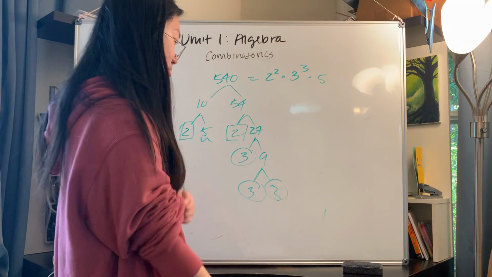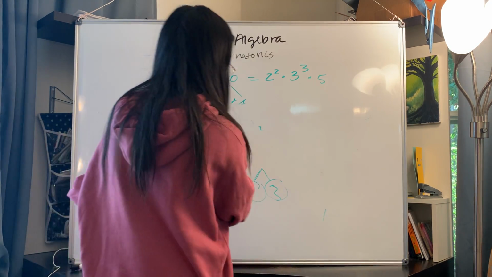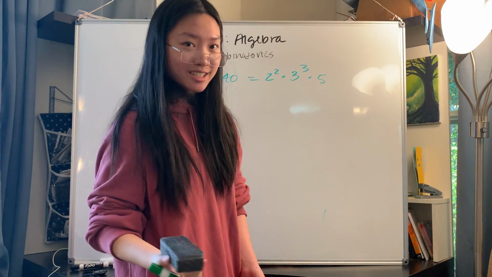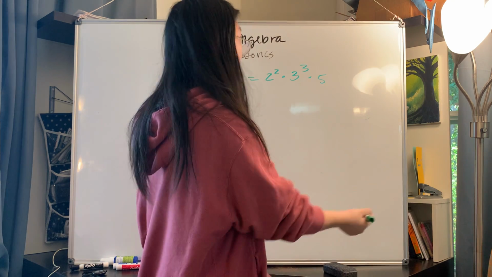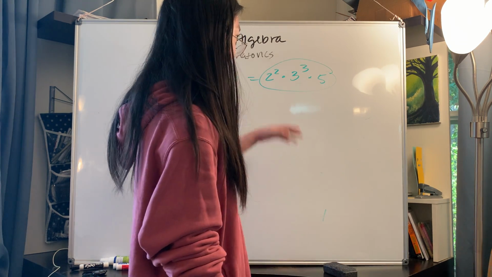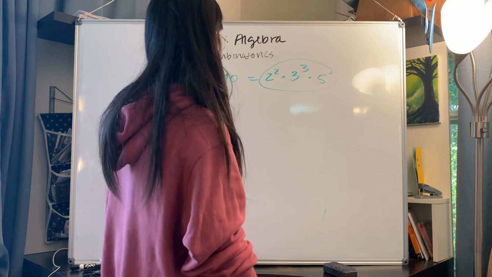So why did I completely prime factorize this? Well, in truth, finding the divisors of 540 and counting how many divisors there are is just finding how many different combinations of these numbers we have. So, okay, I'll explain what I mean.